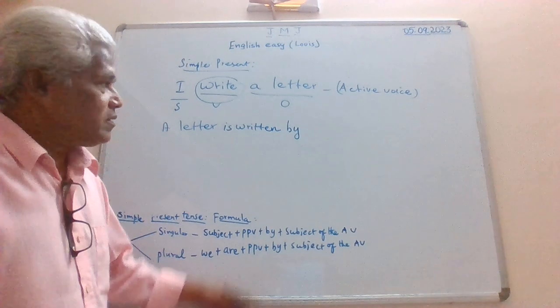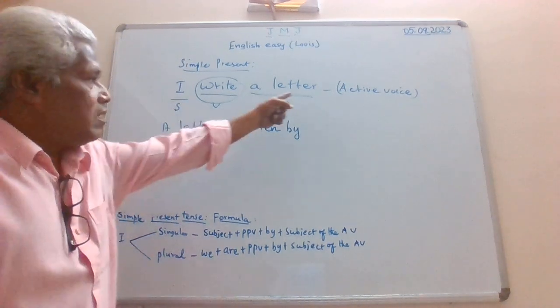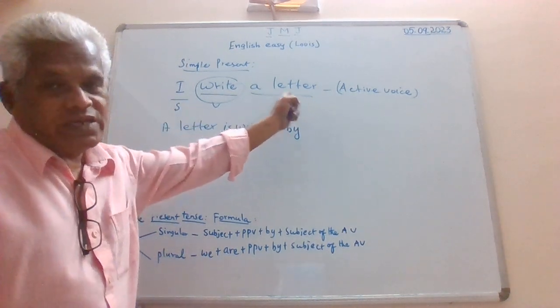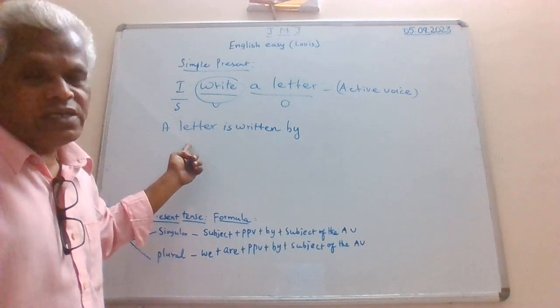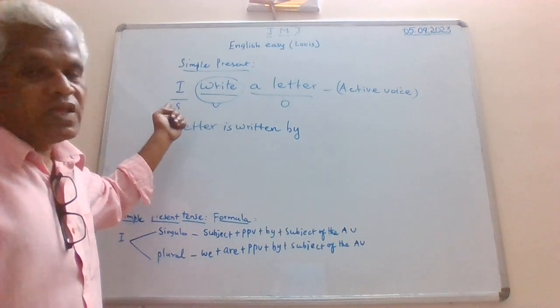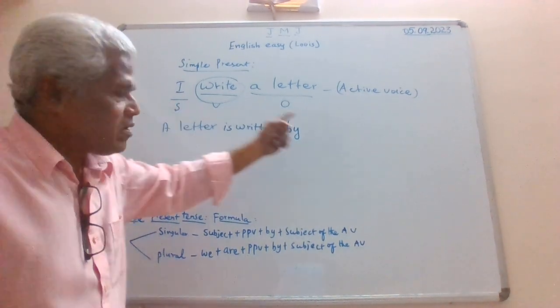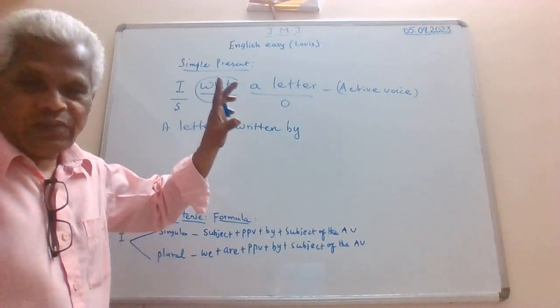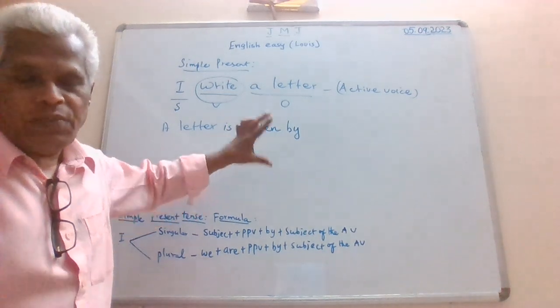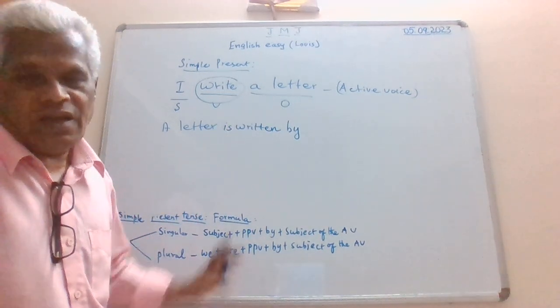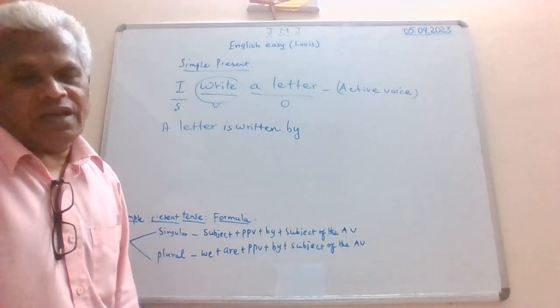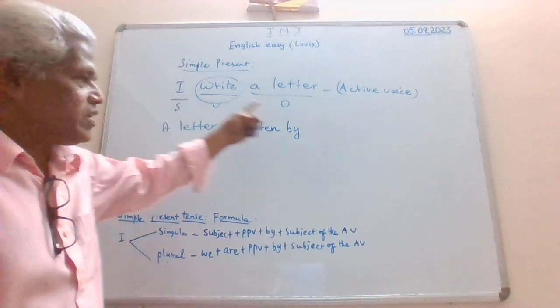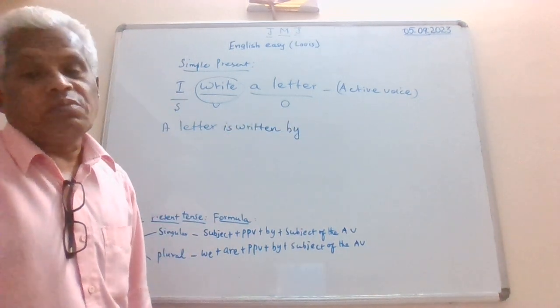By now becomes the object. What is your object here? Object of the active voice has become the subject of the passive voice, and similarly subject of the active voice becomes the object of the passive voice. So now the table that I just rubbed out comes into the scene here. I is changed to me.